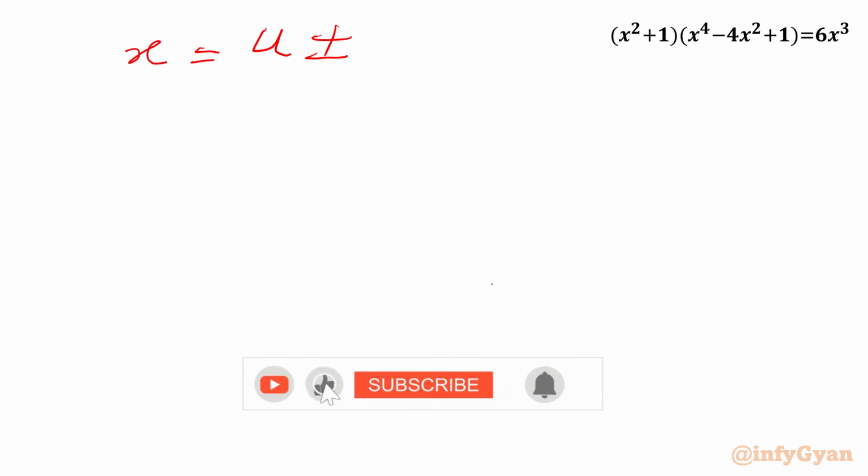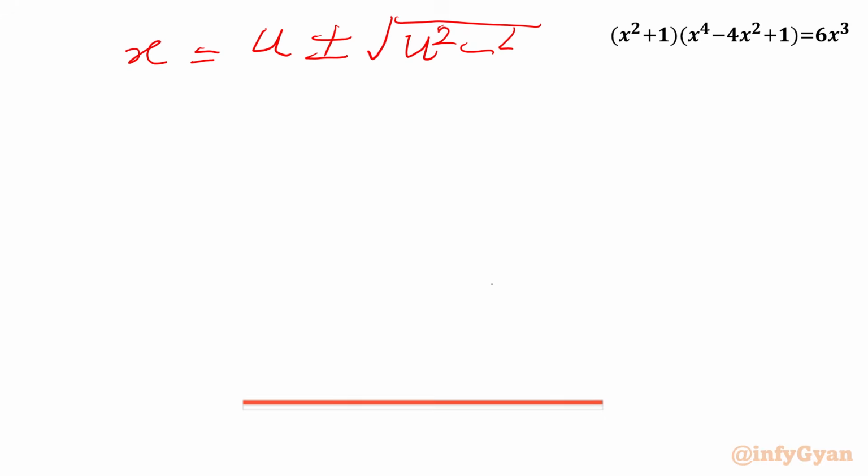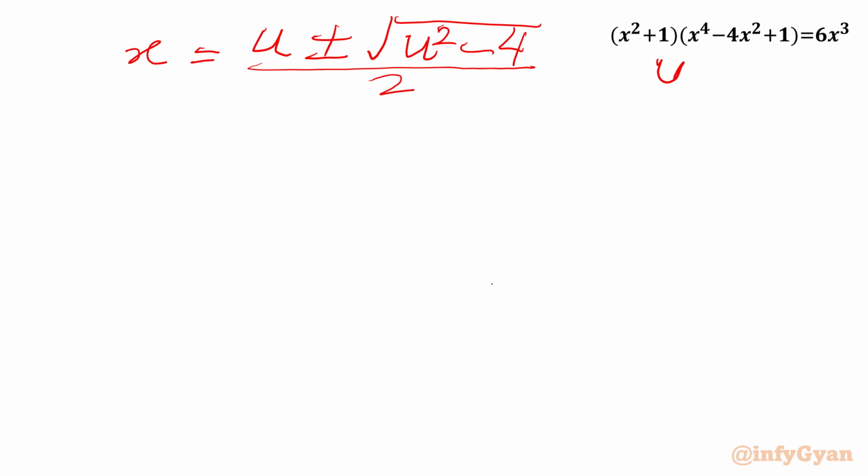So let me write x equal to u plus minus square root of u square minus 4, over 2, and u is 2.8473. Let's put all the values.